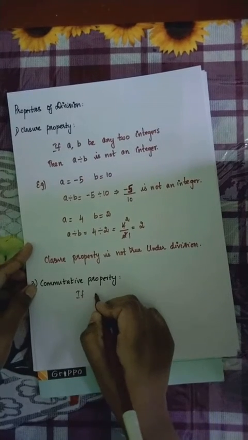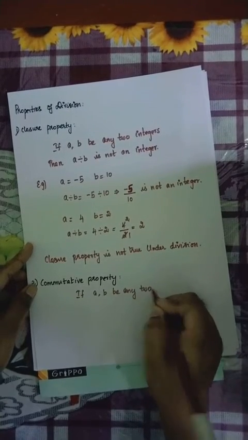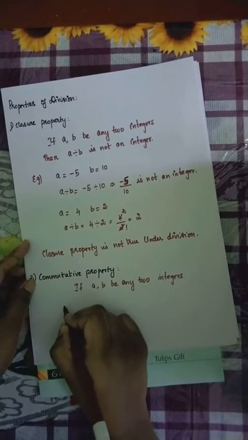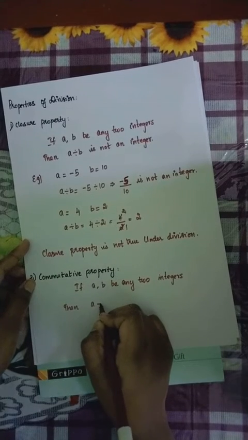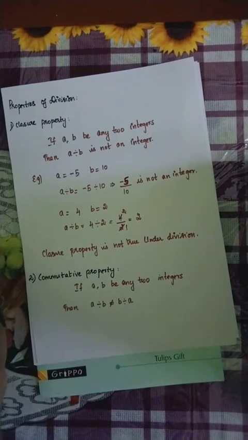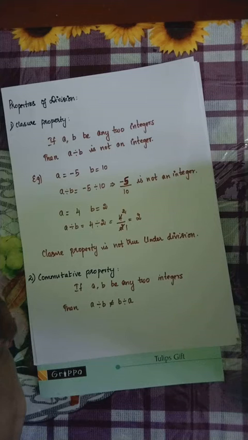If A comma B are any two integers, then A divided by B is not equal to B divided by A. Okay, this is our condition.